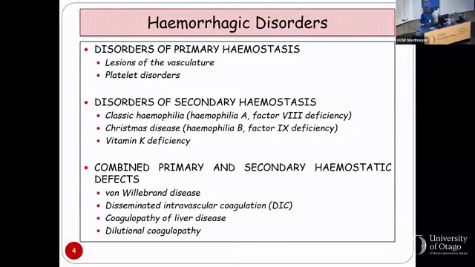If we are trying to look at them based on the etiology, we can look at some that are due to problems with primary hemostasis, some that are due to problems with secondary hemostasis, and those that have a mixed etiology.